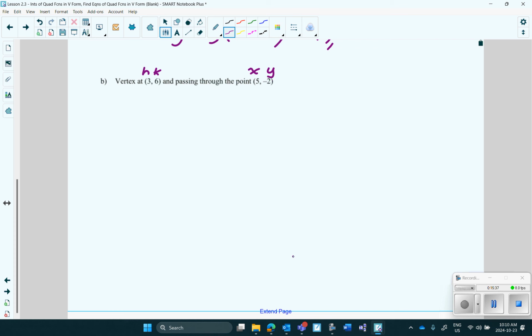The first thing I would do is just sort of label those. 3 is h, 6 is k, 5 is x, y is -2. Create the equation to solve for a using the vertex. So -2 is equal to a, which is what I'm trying to find, x, which is 5, minus h, which is 3, all squared, plus k, which is 6.